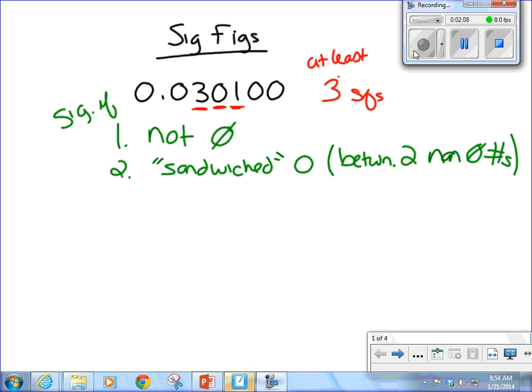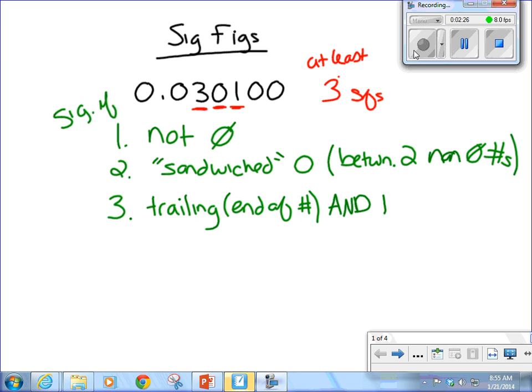All right. The last case is a trailing 0, and I'll show you what I mean by trailing. That means towards the end of the number. If it's a 0 at the end of a number and there's a decimal point, it's significant.